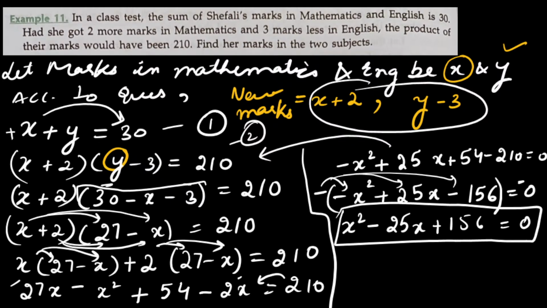Is there anyone who found the value of x? Because the equation I will not solve. If anyone has found the value of x, we can discuss about the final answer. Why am I asking? So that final answer we can discuss.